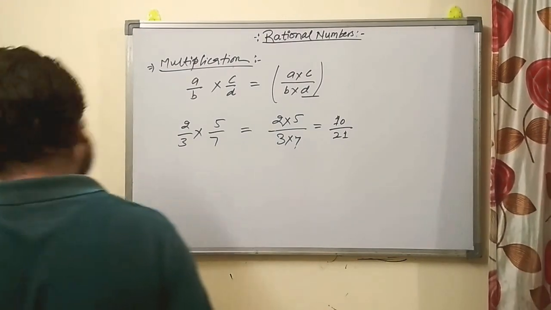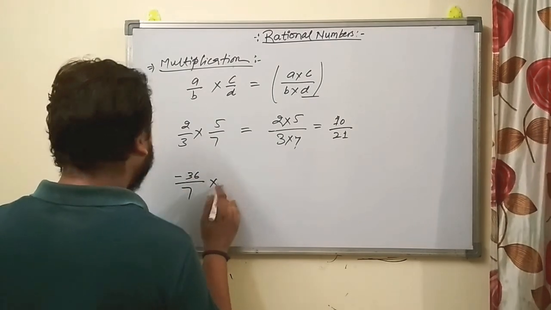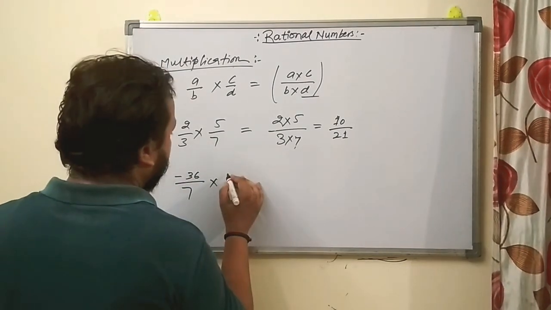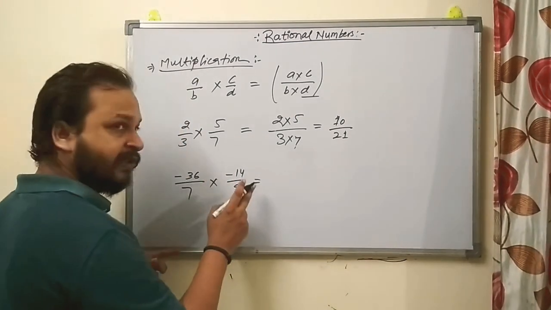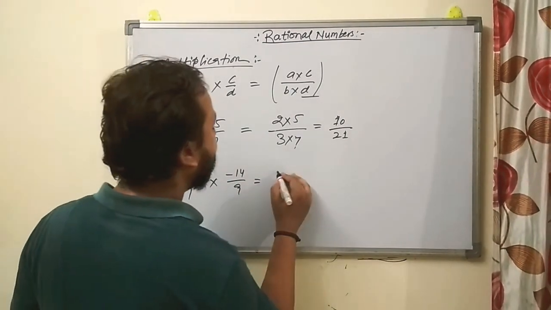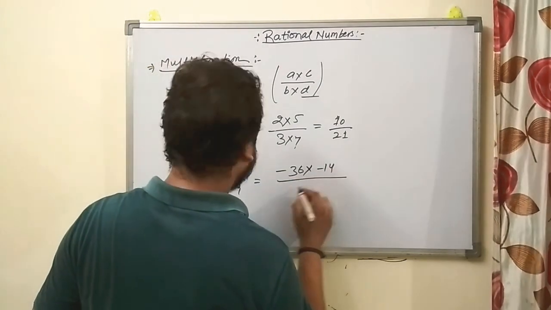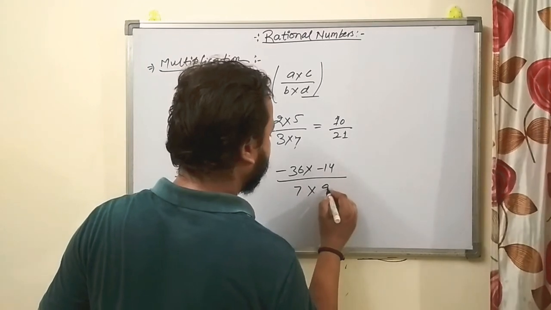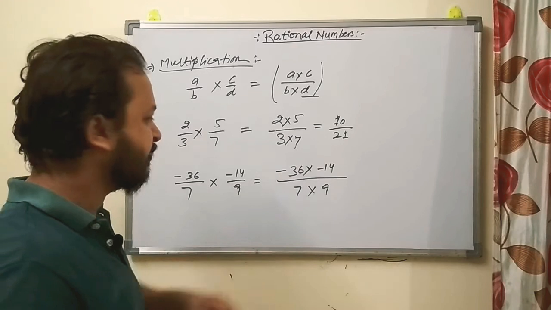If we take another example, suppose it is given as 36 by 7 multiplied by minus 14 by 9. Just multiply the numerator with the numerator and the denominator with the denominator. Now, if anything is common, just cancel it.